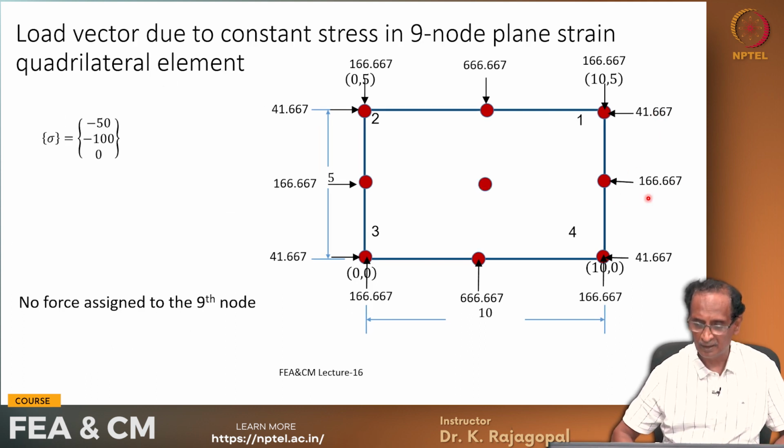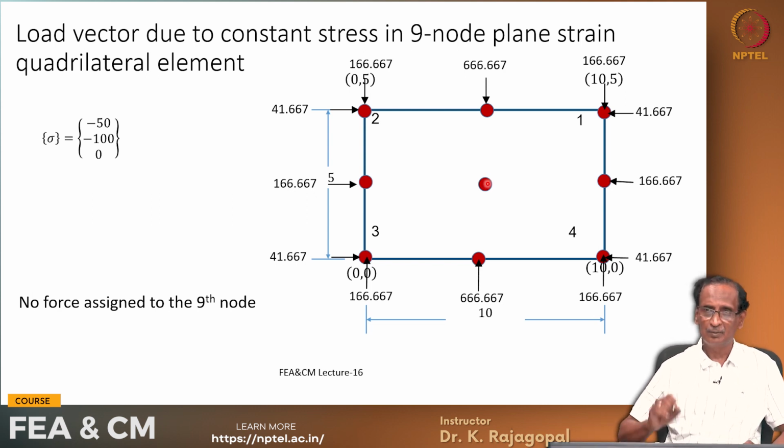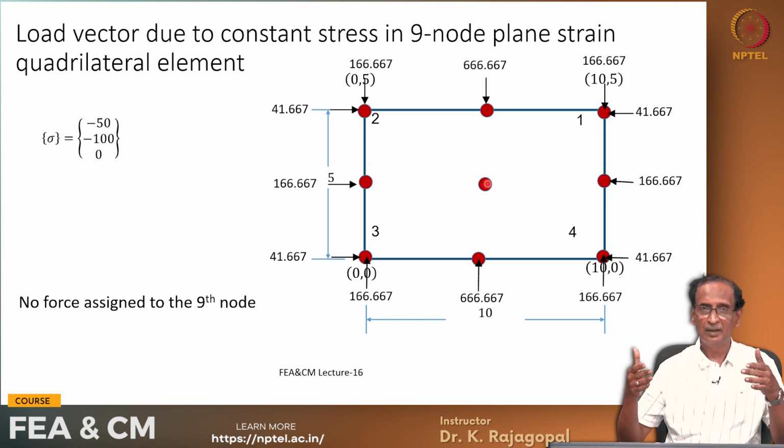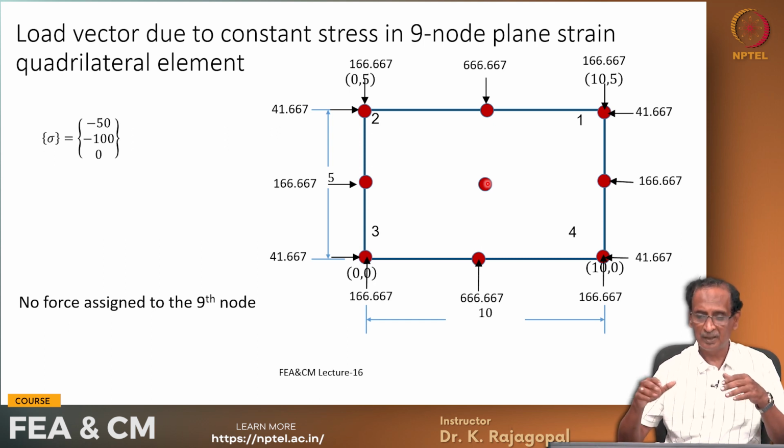And if you look at the 9-node element, interestingly there is no force here. That is understandable, because that is the center of gravity, and for maintaining symmetry the forces at the center of gravity should be 0, because there are no deformations there, that's the symmetry plane. Okay.